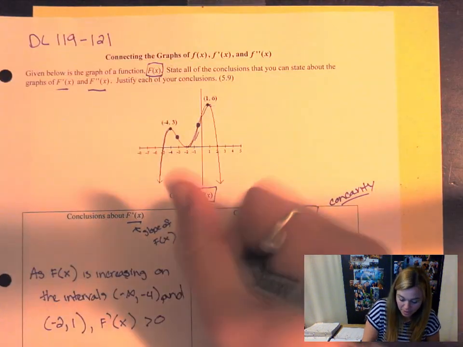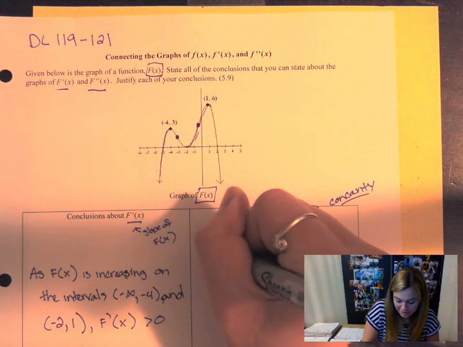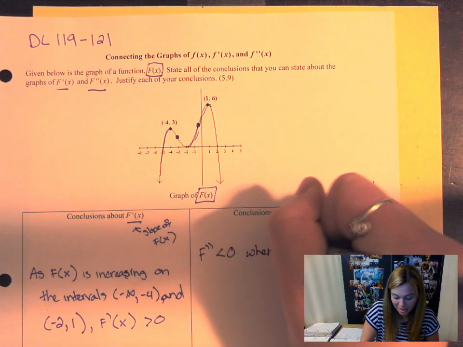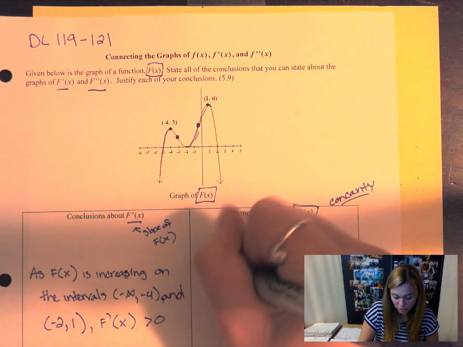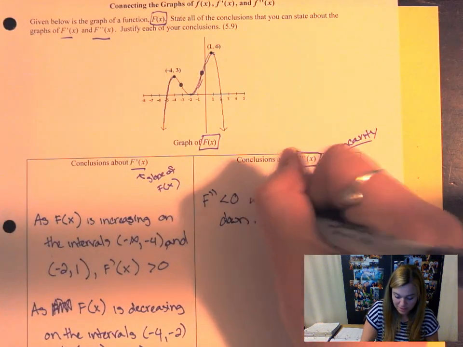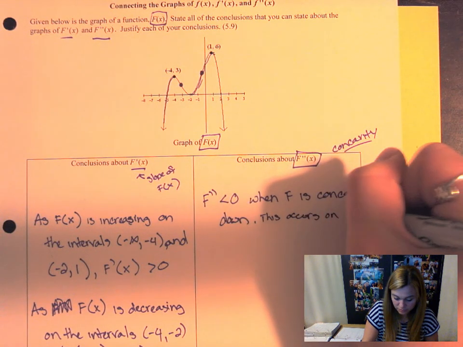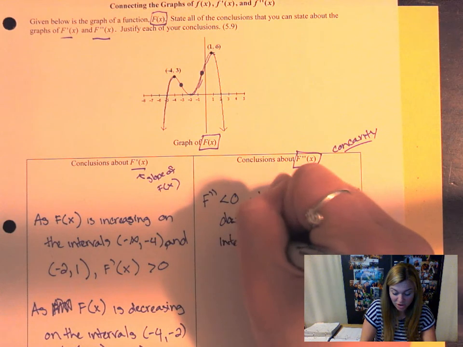So f double prime. I'm going to say f double prime is less than 0, and I'm even just going to state when f is concave down. So I'm giving the justification first. This occurs on the intervals, and then I'm looking for all the places where f of x is concave down.